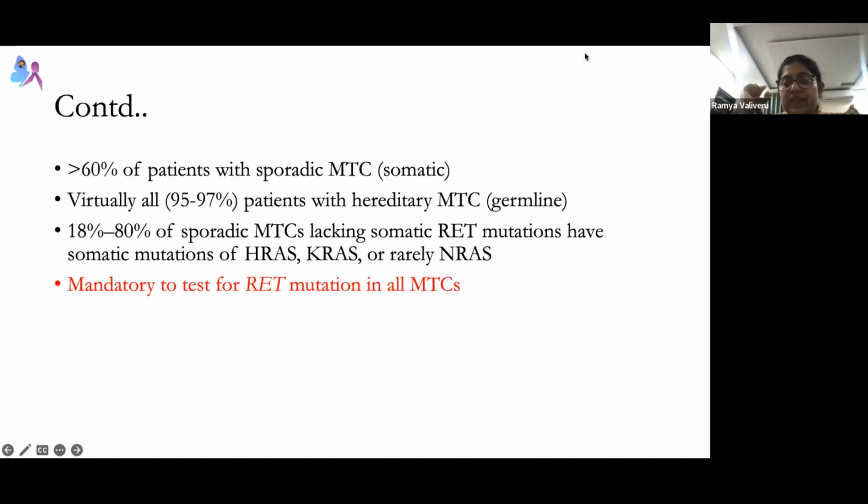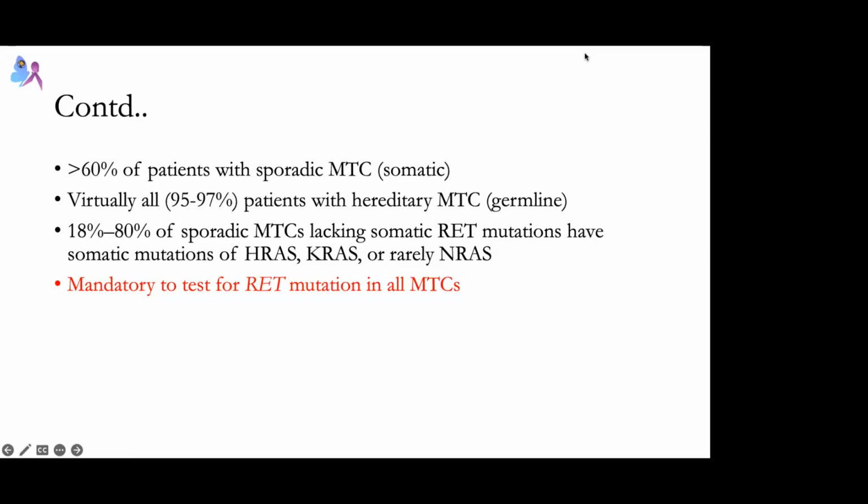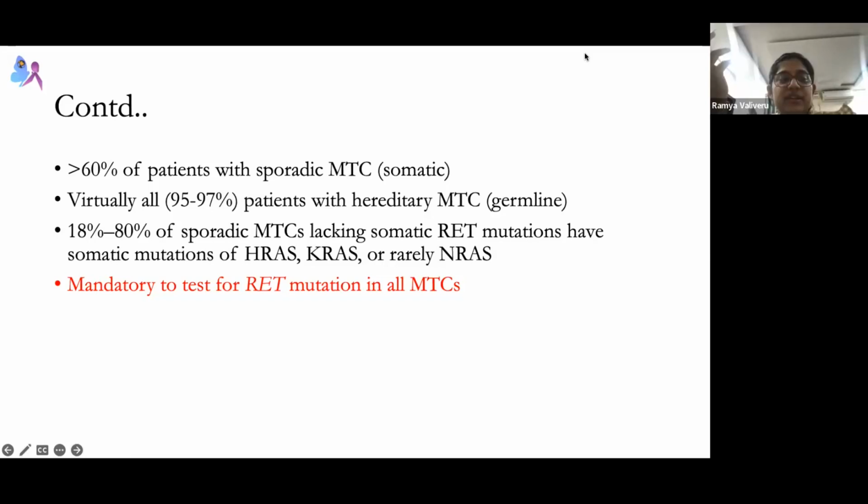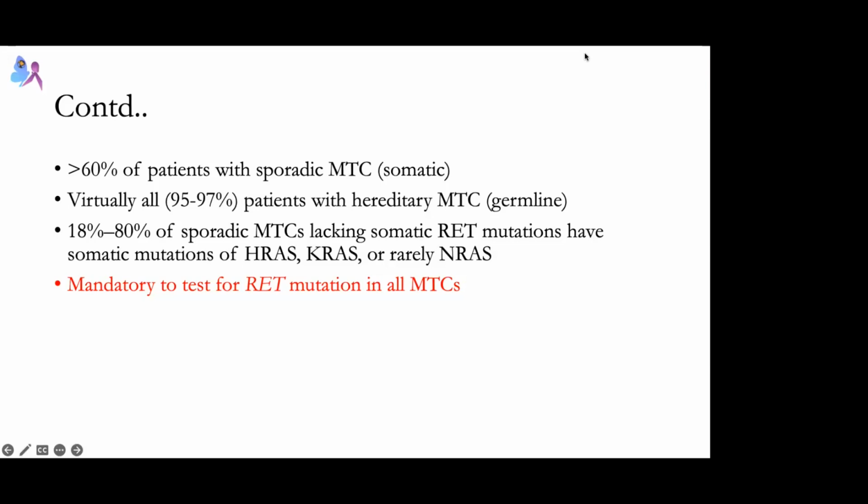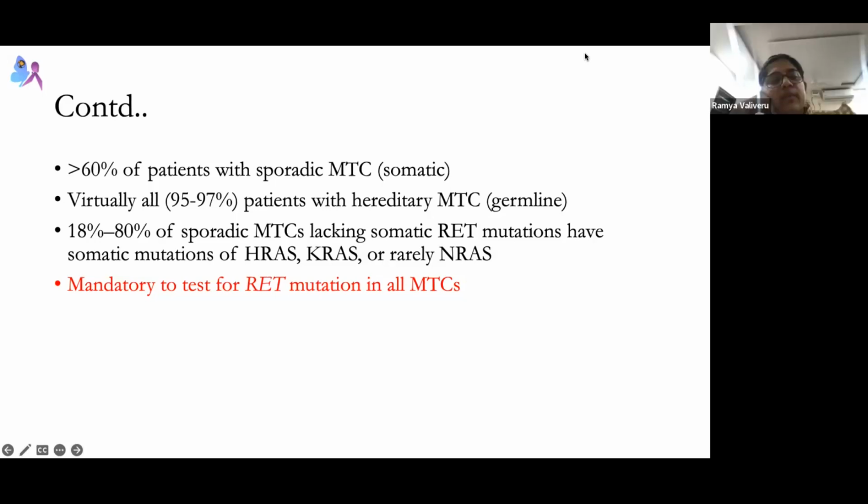One more question. Is hereditary MTC more aggressive or sporadic? Sporadic is more aggressive than hereditary. The reason is that hereditary is diagnosed earlier because of screening. What if we take only index cases into consideration?